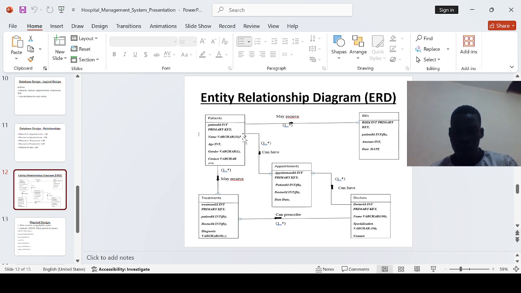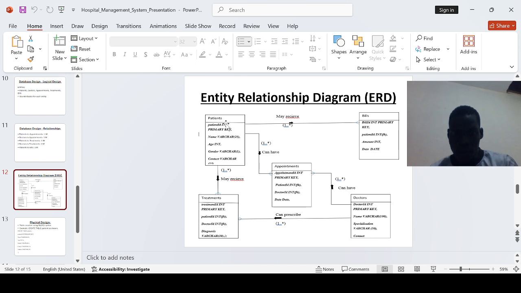For example, when we take patients and appointment here, one patient can have many appointments.